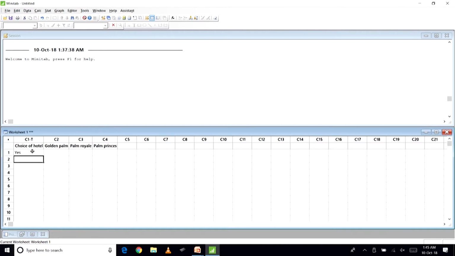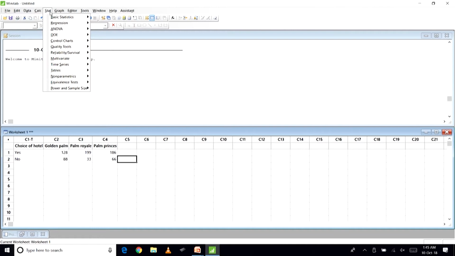Now, the choice of hotel, yes or no. So, these are observed frequencies. There is no need to write the total value for these two rows, and there is no need to write even the total of column values, right.